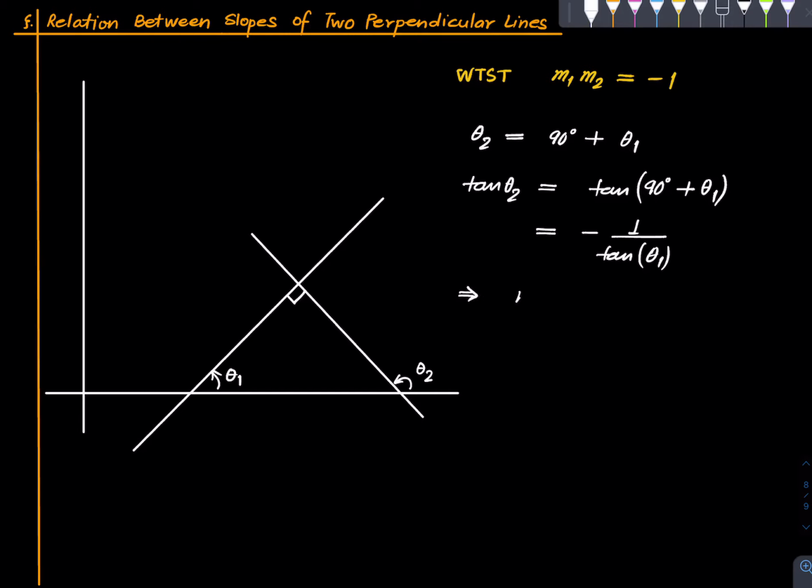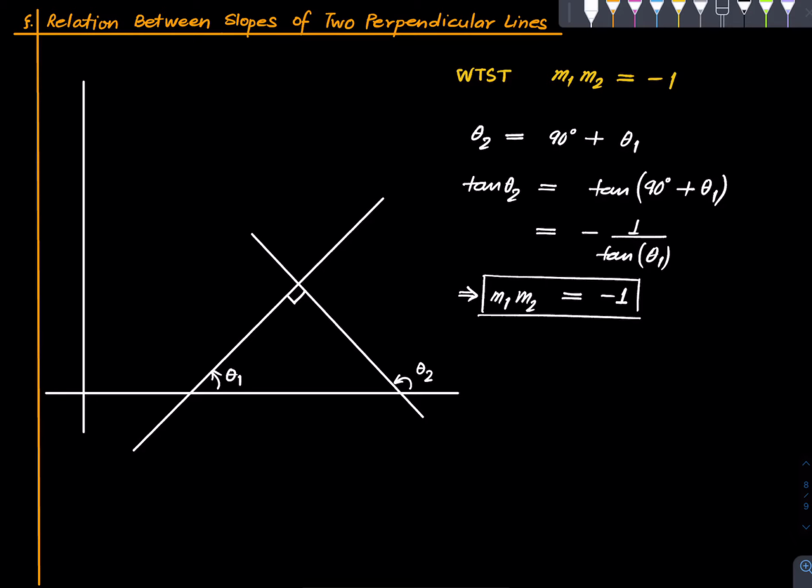And this immediately gives us that m2 times m1 is minus 1. That's it. So if we have two perpendicular lines and none of these are parallel to the y-axis, then the product of the slopes is minus 1.